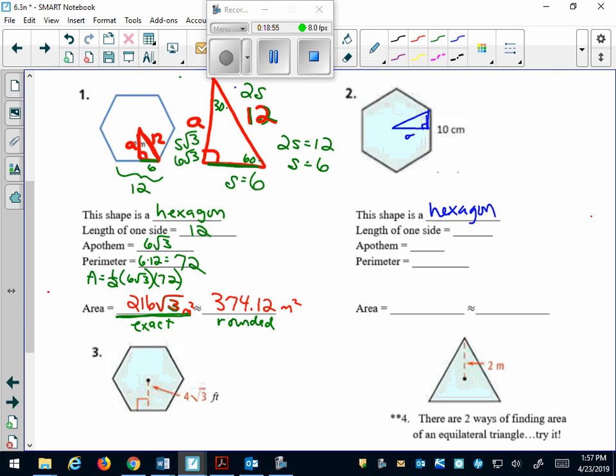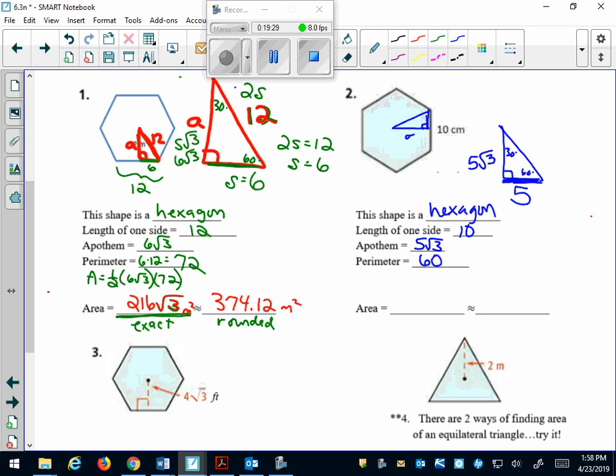If this whole side is 10, when you draw this special right triangle, got 30 here and 60 here, what's the length of this side? 5. So in your triangle, S is 5. Side across from 30 is 5. Apothem would be what? 5 root 3. Now, they already told us the length of the side of the hexagon is 10, which makes the perimeter 60.